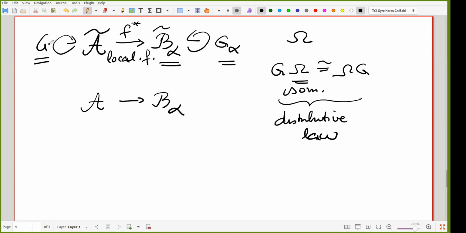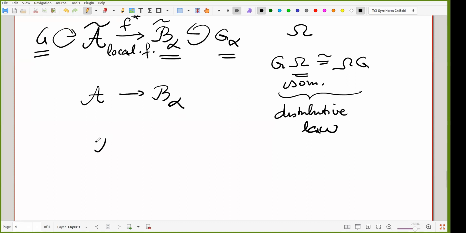And so if these G alphas agree, where should they agree? If I have this B alpha tilde, I go first back to A tilde, then I go to B alpha prime. So I go from one to another.